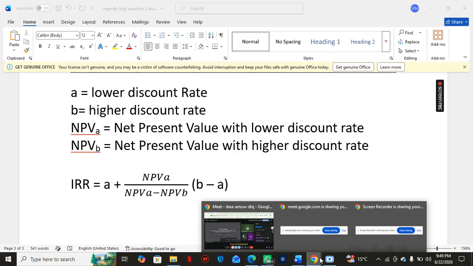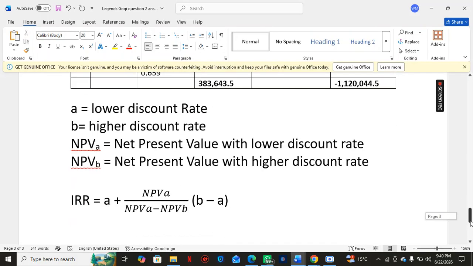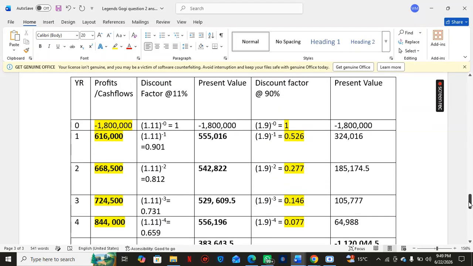Madam Helen, is that okay? Just remember that the internal rate of return is just the return your project is generating you.